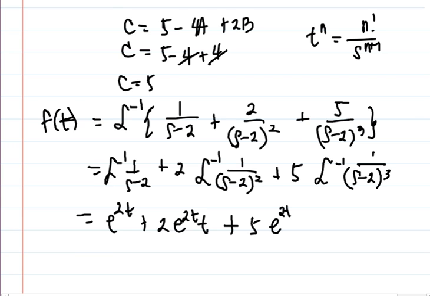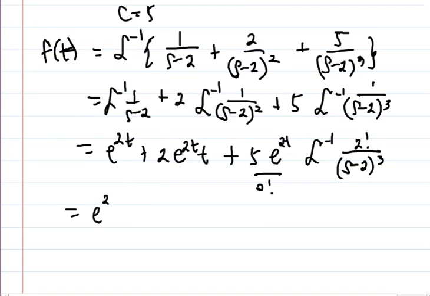So for the inverse Laplace transform, in order to make this work with s minus 2 cubed, n plus 1 is 3, so n is equal to 2 factorial. So we need to divide by 2 factorial.